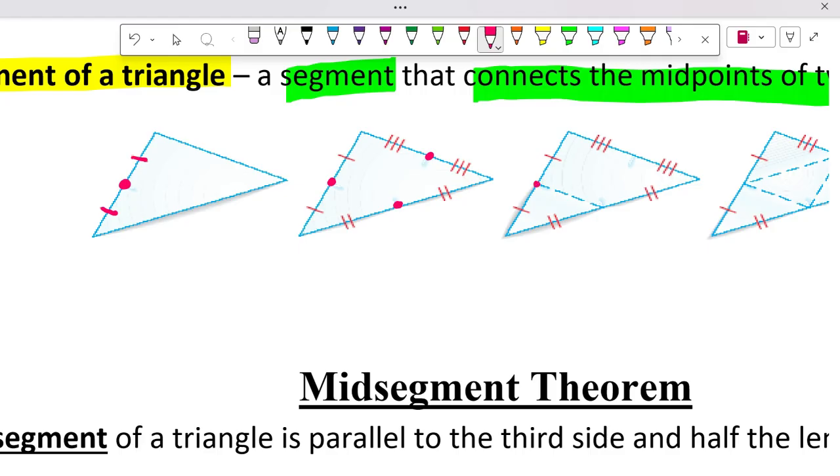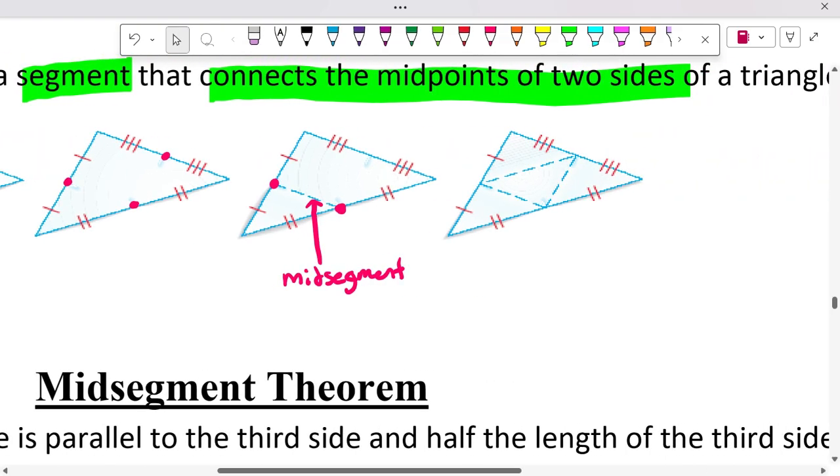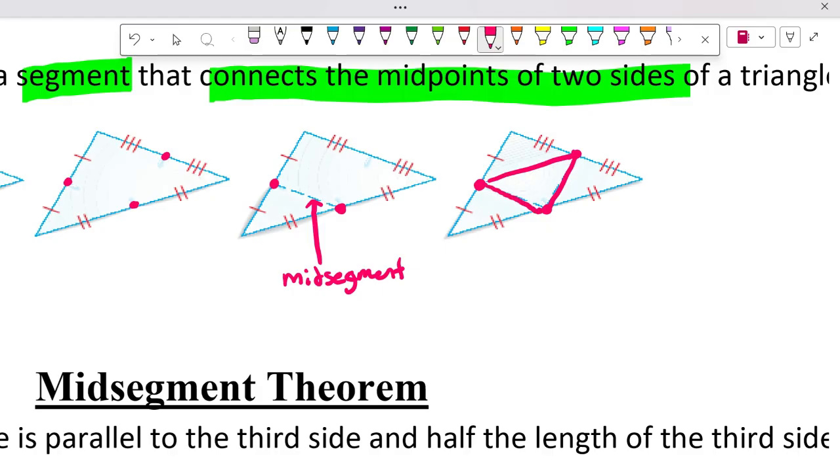Now, they're saying that if you take those midpoints and connect them, that gives you the midsegment. So that little segment right here is the midsegment. Now, how many midsegments do you think a triangle can have? 3. So there are 3 midsegments that can be formed. If you connect these two, that's a midsegment. You connect these two, that's a midsegment. If you connect these two, that's a midsegment.